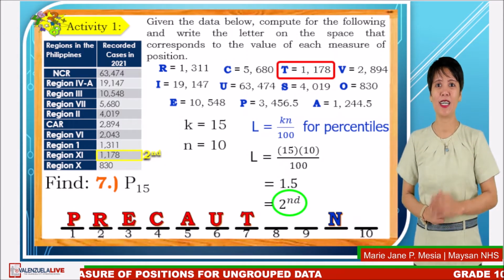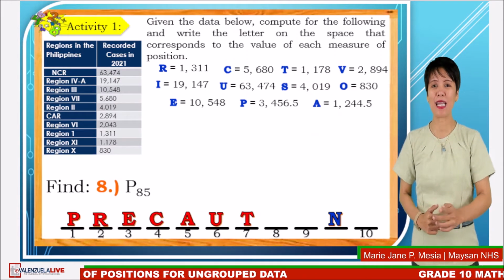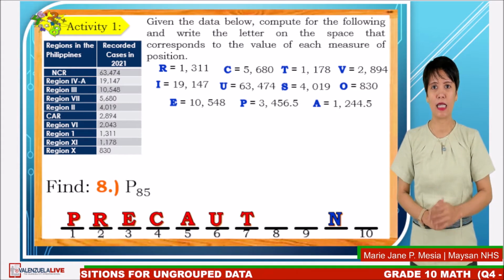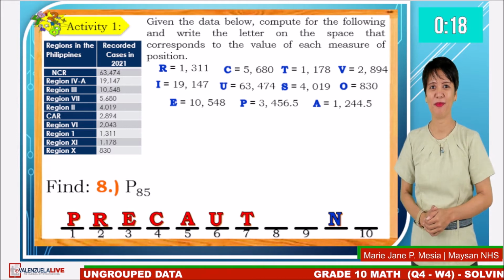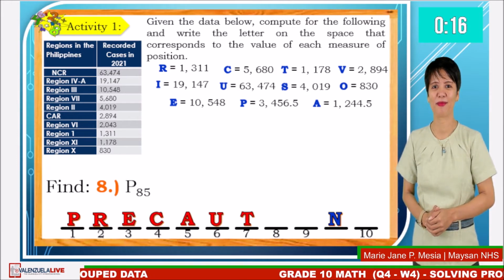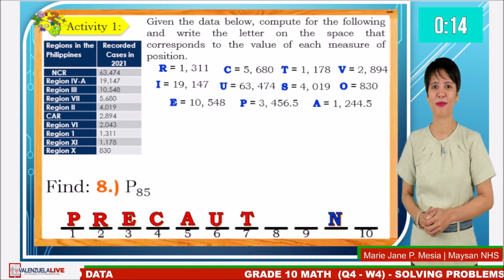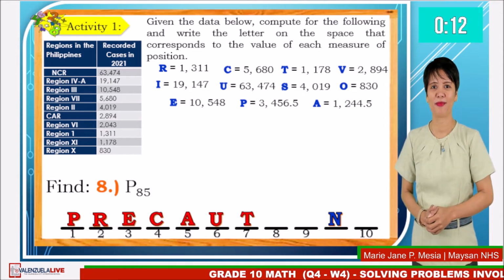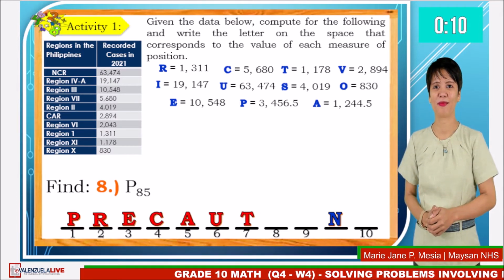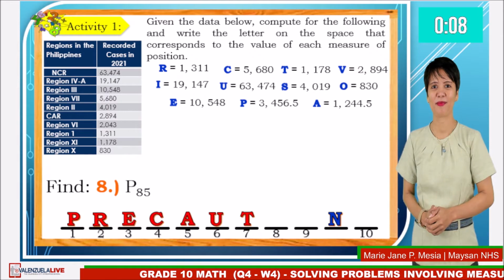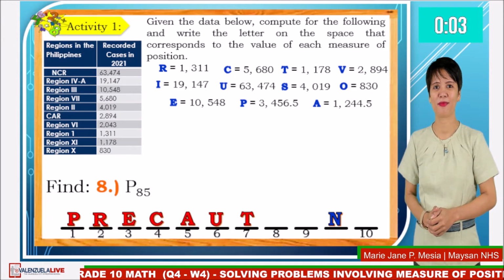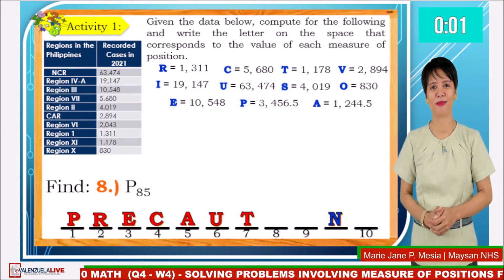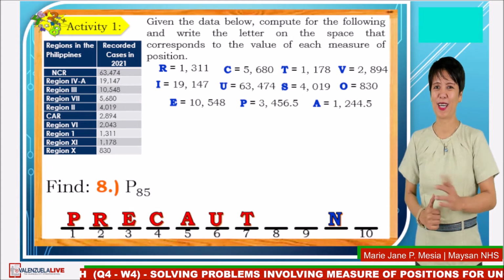Okay, number 8. Find P sub 85. Set the timer now. Okay, time's up.